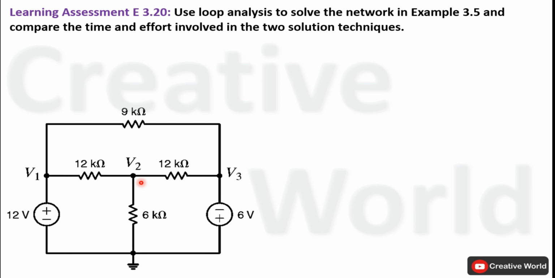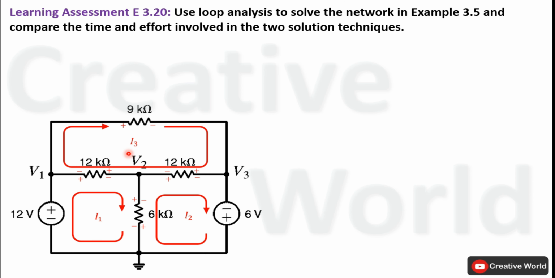This is the circuit diagram of the given problem. Inside this network, first of all, we have to assume the directions of currents in closed loops. So I am assuming 3 currents are flowing inside 3 loops in clockwise directions each. Labels of these currents are I1, I2 and I3.